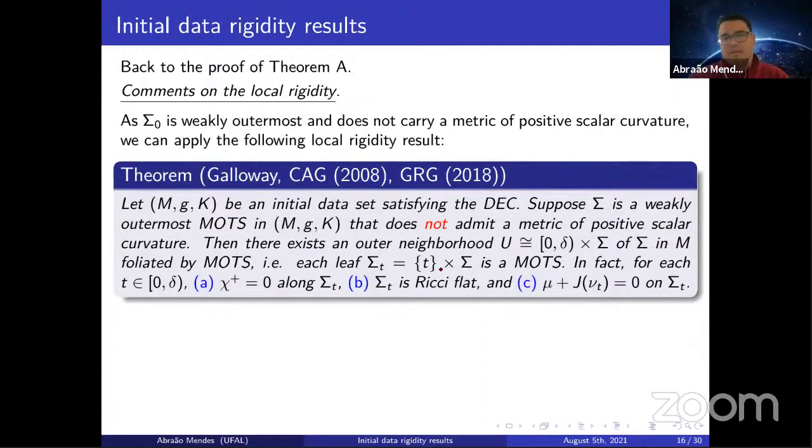Then an outer neighborhood U, okay, diffeomorphic to this product of sigma, an outer neighborhood of sigma in M, is foliated by MOTS, which means that each leaf of this foliation is a MOTS.